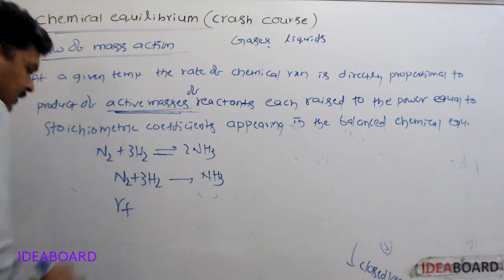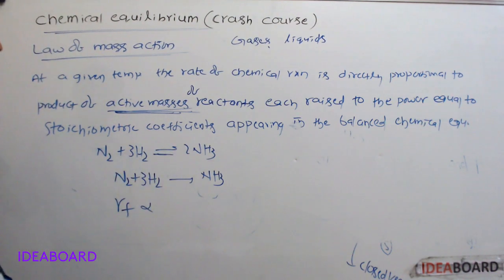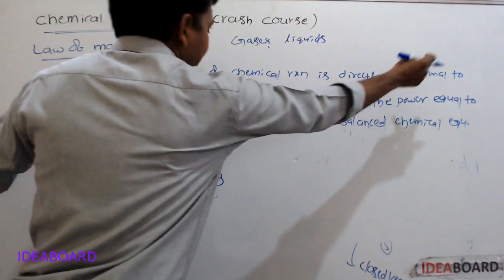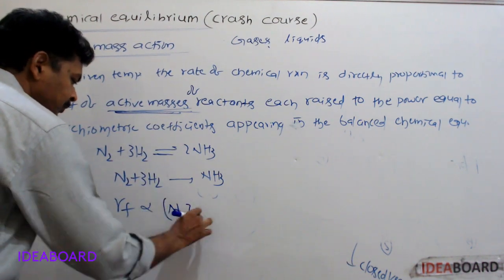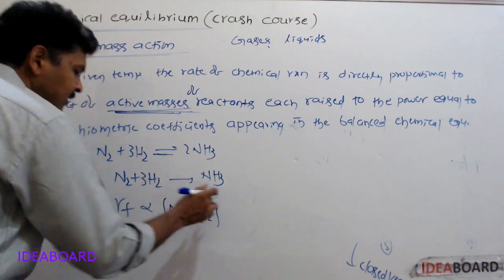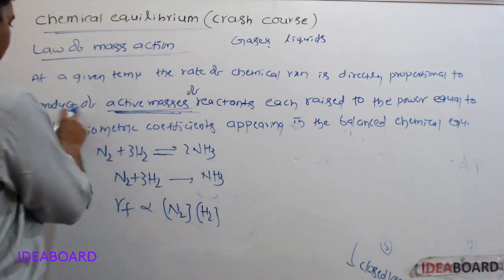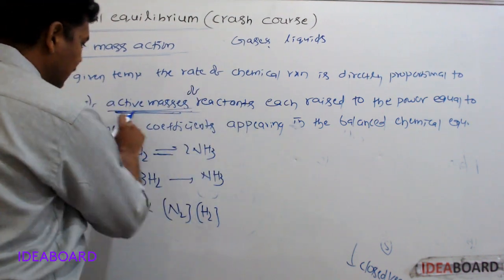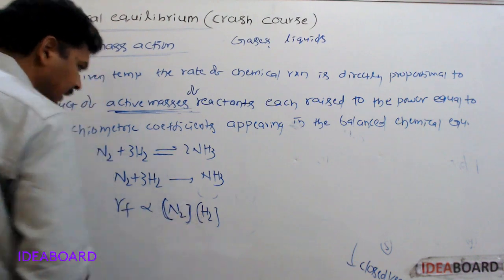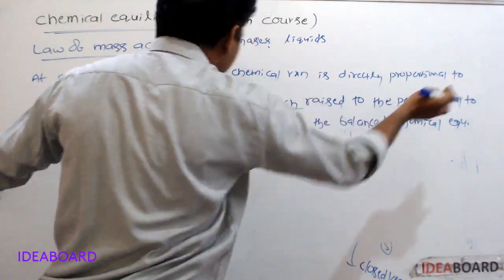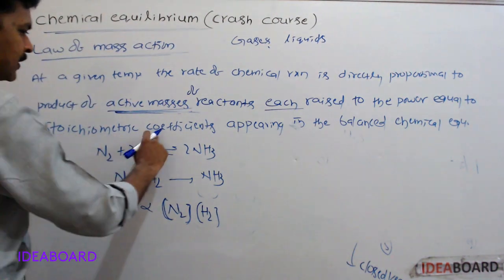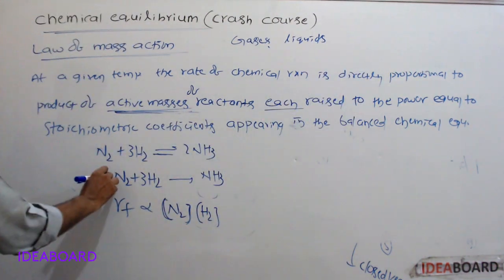Rate of forward reaction is directly proportional to N2 concentration, H2 concentration. See, product of active masses of reactants. Active mass is nothing but molar concentration. Each raised to the power equal to stoichiometric coefficients appearing in the balanced chemical equation.